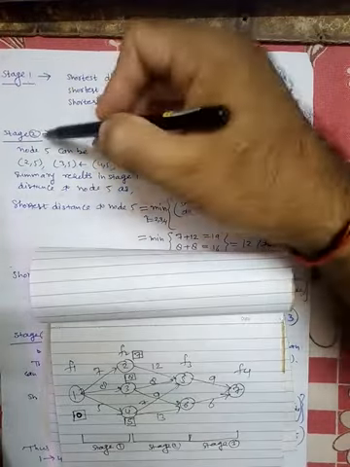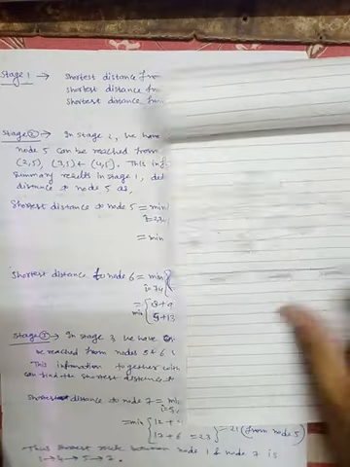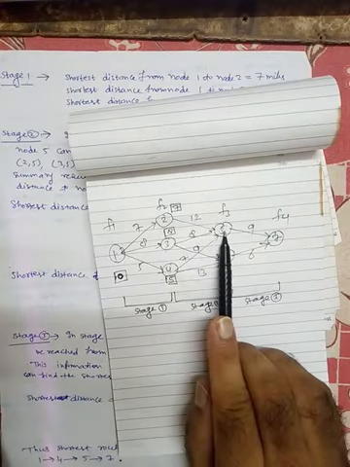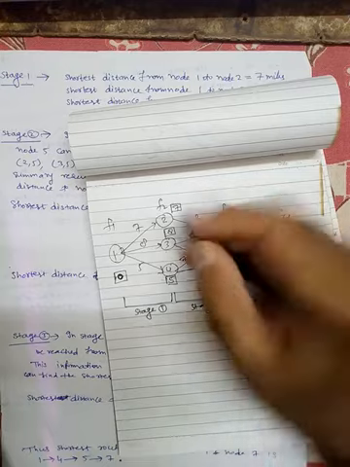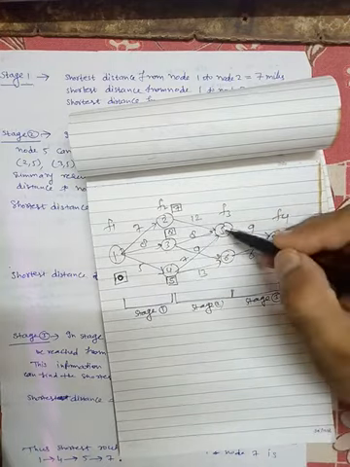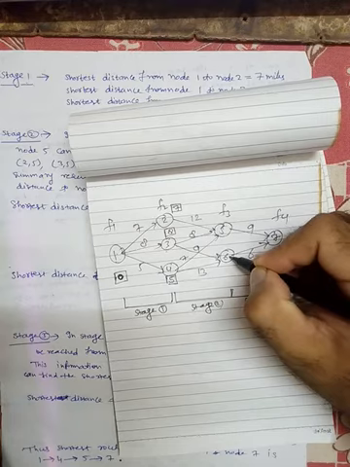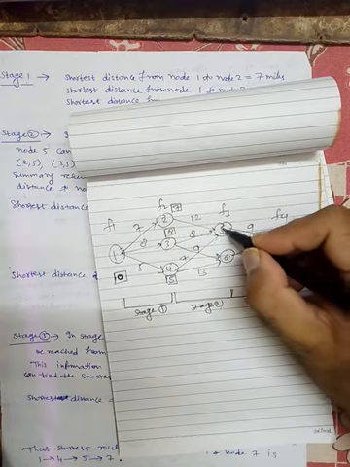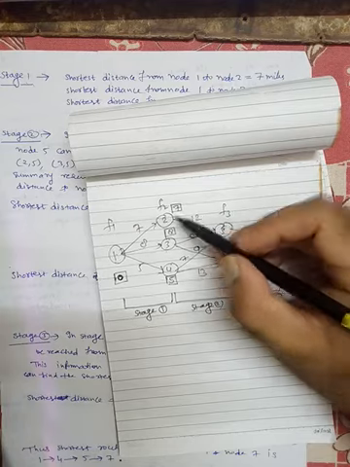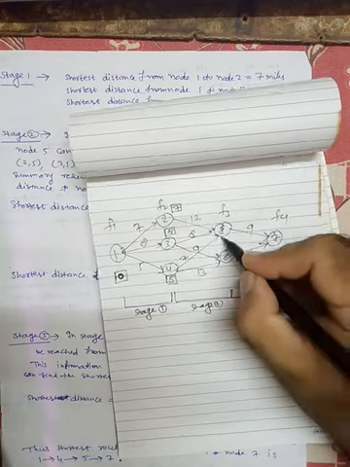Now stage number 2. If you see from here to here, from 2 to 5, basically we are moving from here to here. So here we have only two options, 5 and 6. 5 तक पहुंचने के कितने रास्ते हैं? 5 पे पहुंचना है. Either we can move from 2 to 5, 3 to 5 or 4 to 5.